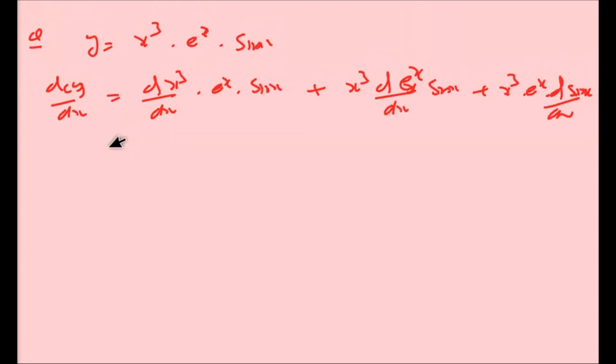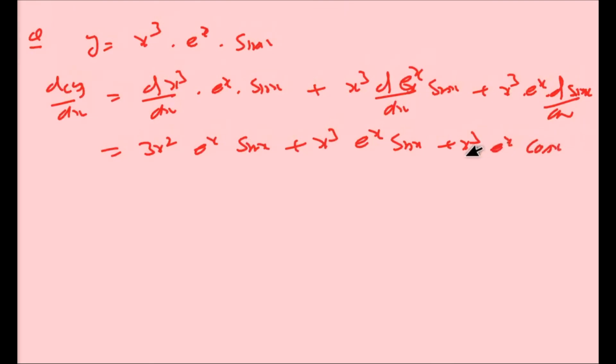So using it separately here: 3x square into e to the power x into sine x, plus x cube, differential of e to the power x is e to the power x, into sine x, plus x cube into e to the power x, differential of sine x is cos x.